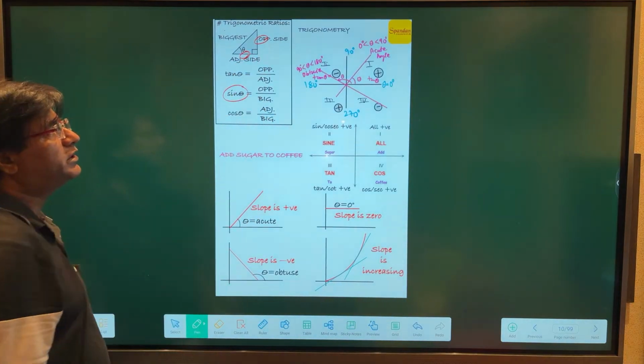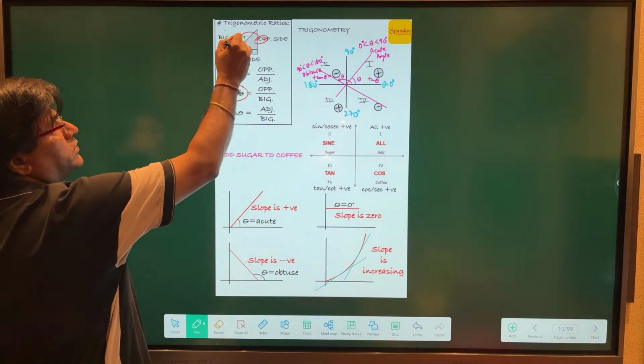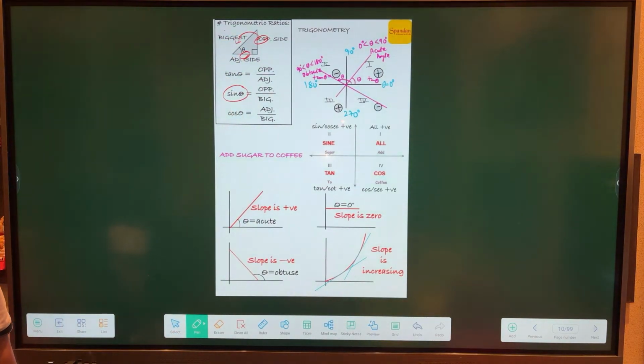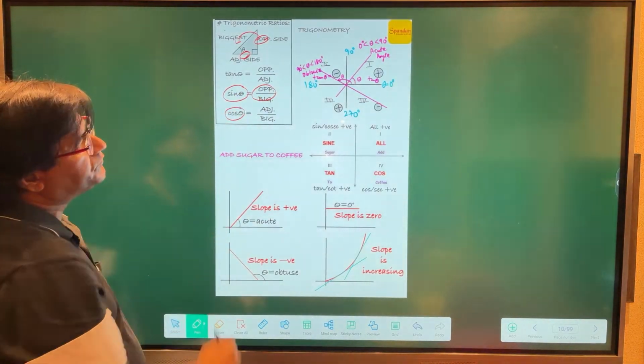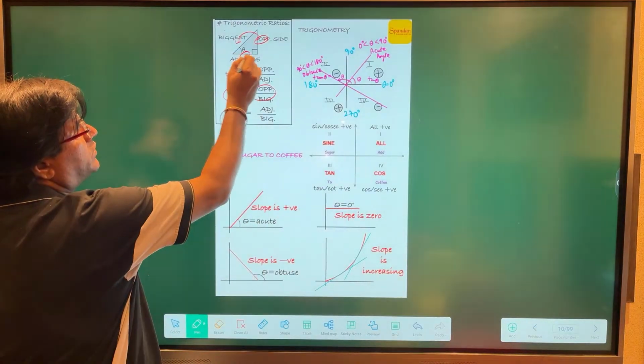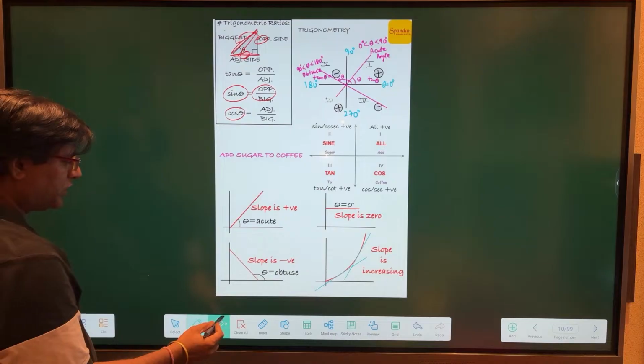Sin theta: opposite upon hypotenuse, that is the biggest side. And cos theta: adjacent upon hypotenuse, the biggest side. So these are the 3 trigonometric ratios.